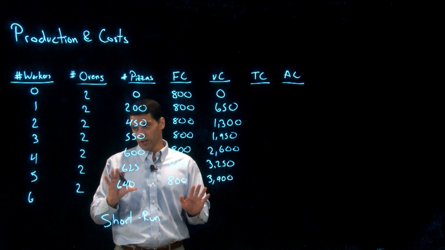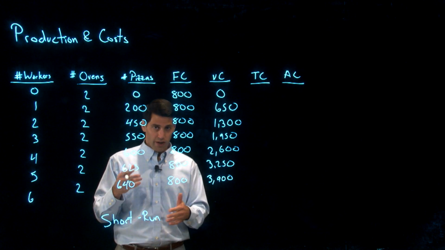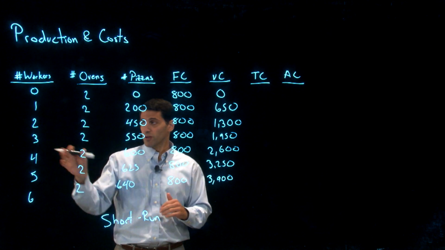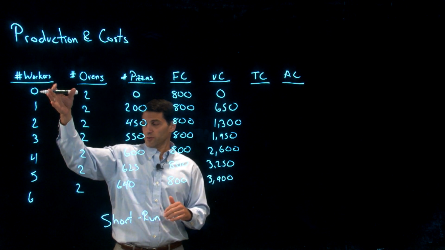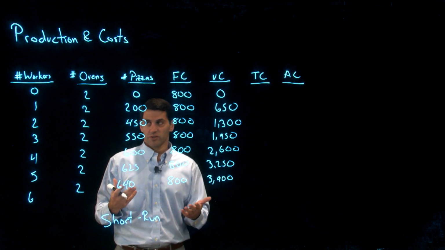We're just going to ignore the material inputs, the dough, the sauce, the toppings, all of that. Just ignore that for now to keep the example simple, and just say that they're using workers and pizza ovens to make certain quantities of pizza.